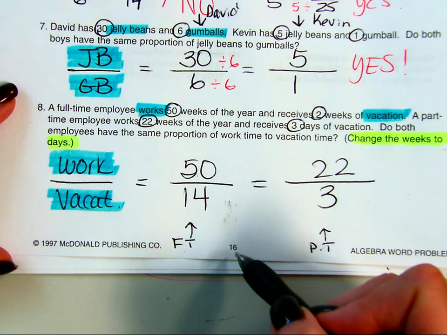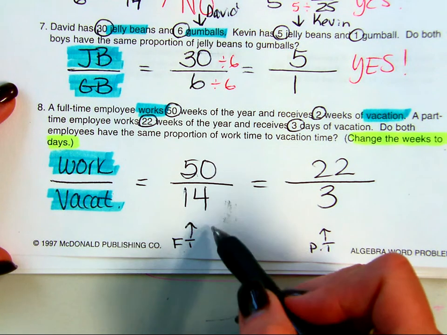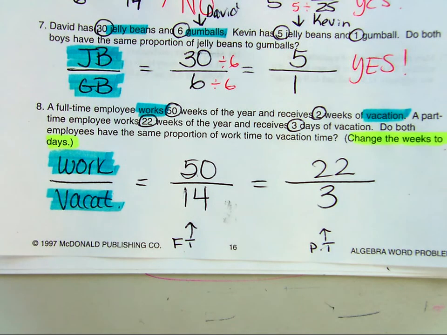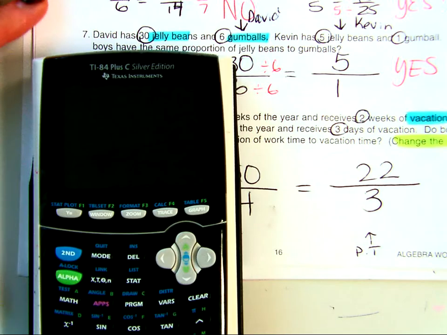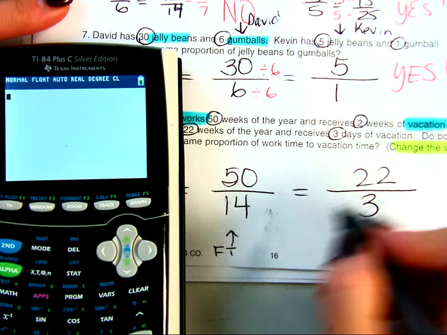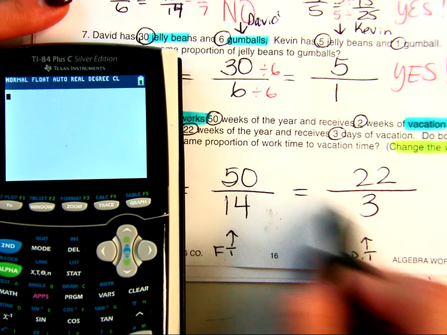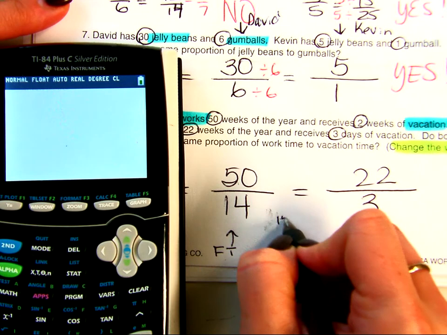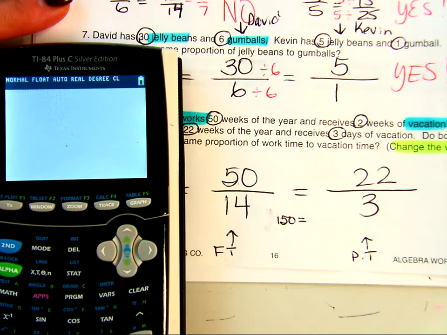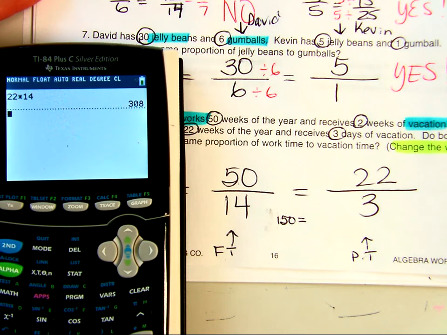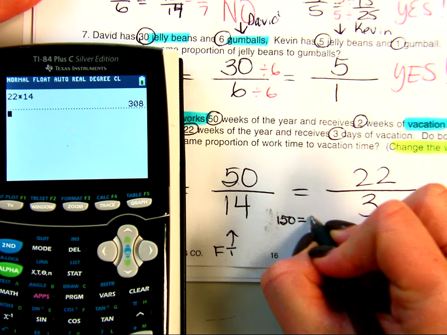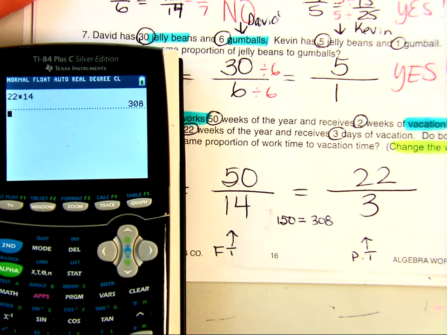I suppose I could reduce this down, but then I would still have different denominators. So, your best bet might just be to do your cross products. So, 50 times 3 is 150, and 22 times 14 is not 150. It's 308. So, is it proportional?